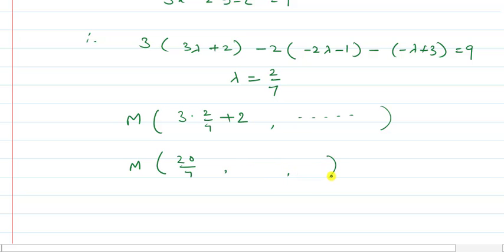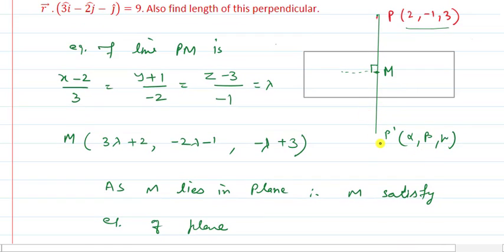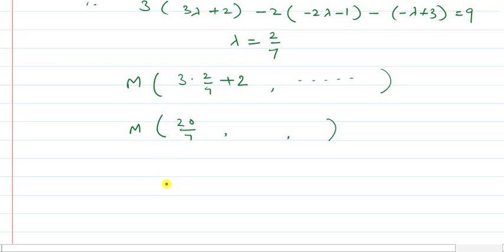Now, to find the image, you will use the midpoint section formula, 2 plus alpha upon 2. So, using the midpoint section formula, I am doing only the x coordinate, the rest of the points you need to find yourself.